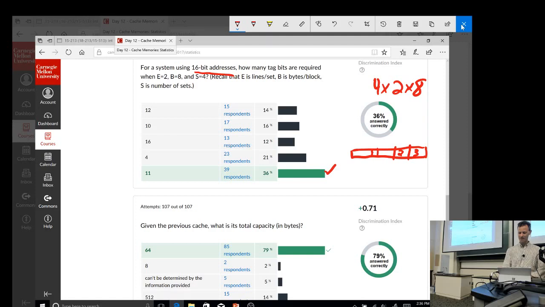Sorry, what did I do wrong here? No, that's 64. Okay, good. So my math's messed up. All right, so that's how you get 64. Okay, and people got that one right. All right, good. Questions on the quiz? Okay, good.